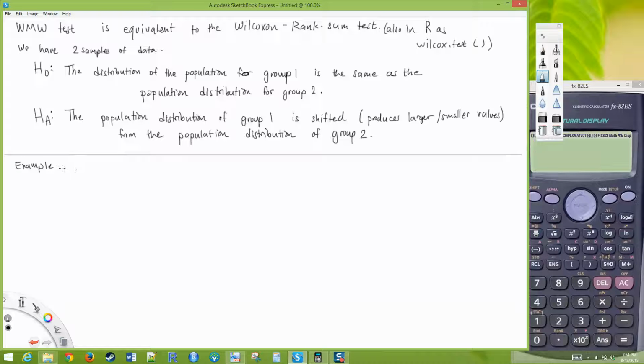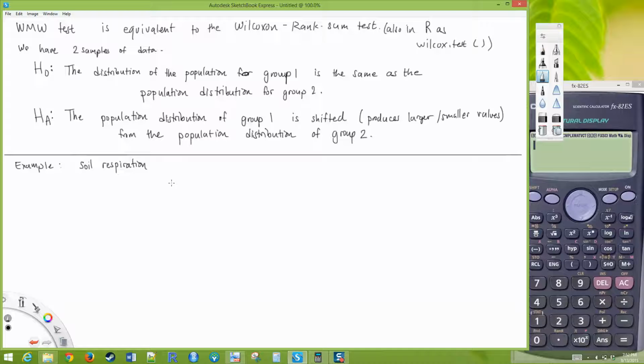In our example, the book says they gathered data from two sections of the forest, and they looked at soil respiration data. I'm not sure exactly what soil respiration is, but apparently you look at the dirt and measure how much carbon dioxide it breathes. It's like fermentation?